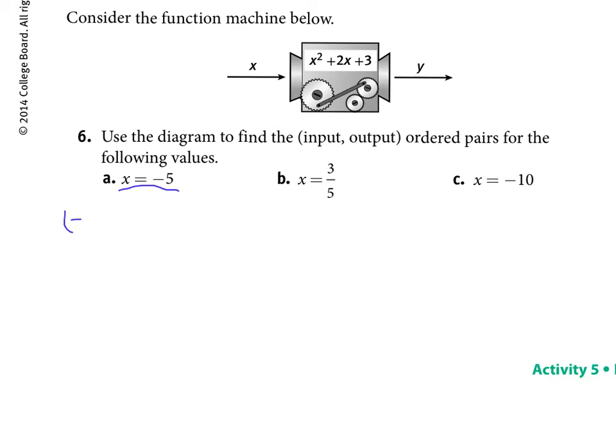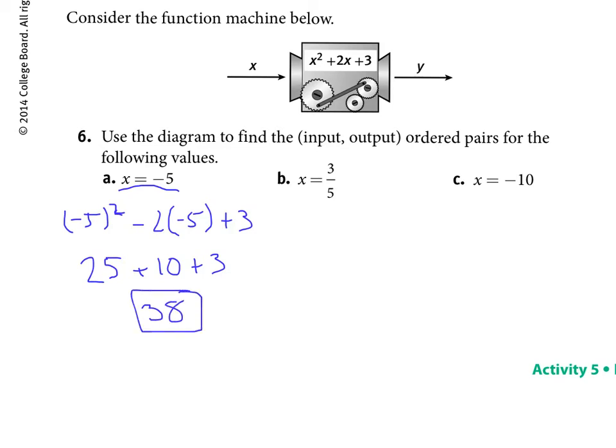So I have negative 5 squared, plus 2 times negative 5 plus 3. And we just do these separately. Negative 5 squared is 25. 2 times negative 5 is negative 10. And then plus 3. So if we add all those up, we should get 18.